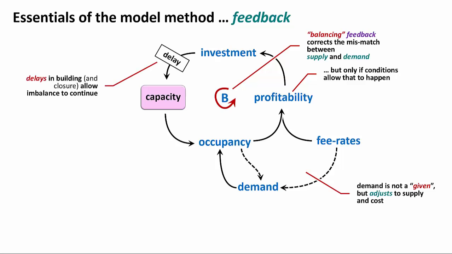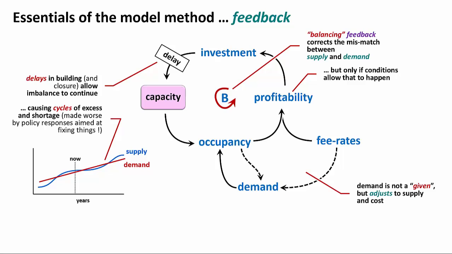Now, these delays in building and indeed in closing homes allow imbalances between capacity and demand to continue for quite some time, and this has very important consequences, because what it leads to is cycles of excess and shortage. So if you've got a shortage of capacity at this particular moment in time, it'll take you, say, 2 or 3 years to build the new capacity. Meanwhile, demand keeps on going up and the shortage gets worse and worse until that supply comes on stream.